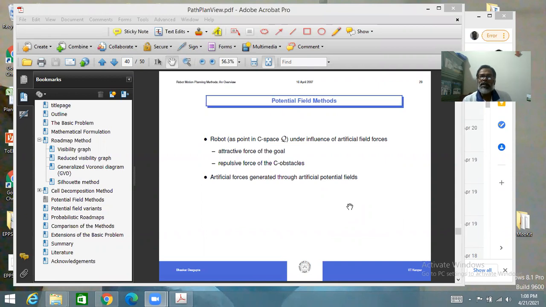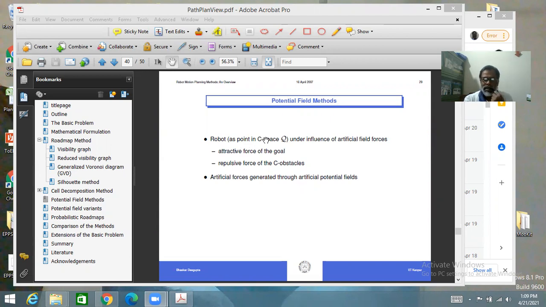So the simple thing that you can think of is that in the C space, the robot is anyway considered as a point. Okay. So you consider that as a point charge with positive charge. Okay. And for the goal point, you design an attractive potential as if a negative charge is sitting there.